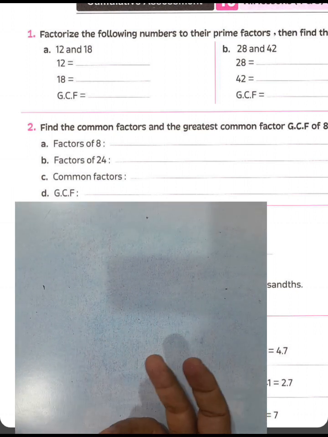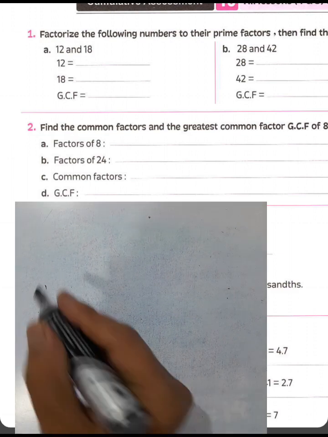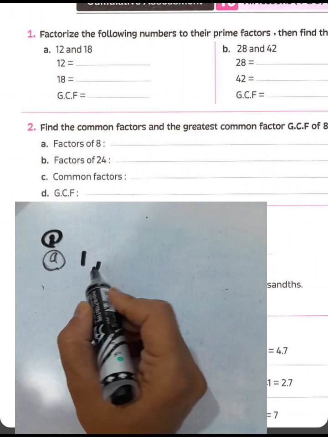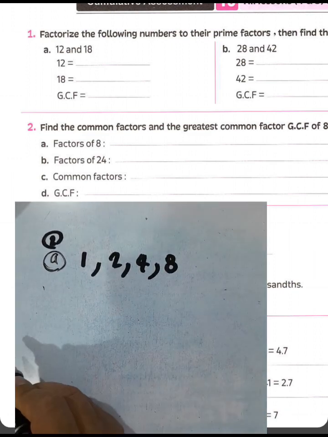Tell me the result, or all the digits that 8 can be divided by. We know 8 can be divided by 1, 8 can be divided by 2, 8 can be divided by 4, 8 can be divided by itself.